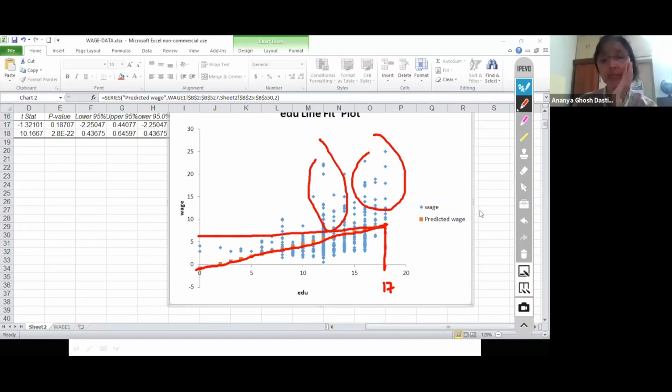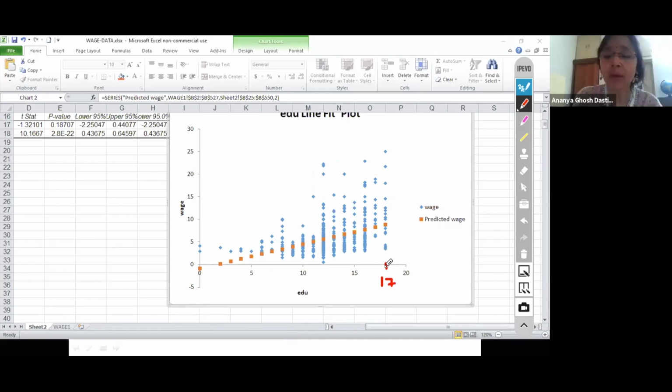I'll repeat that. Let us take someone with about 17 years of education, as I'm doing on my screen. What does my regression predict? It predicts that the average wage of such a person is going to be less than $10.